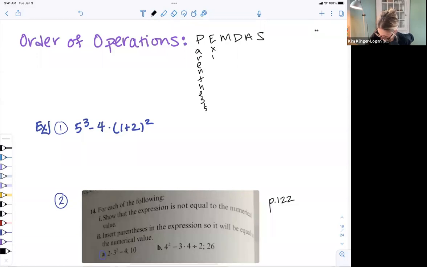And then exponents, multiplication, division, addition, and lastly, subtraction.